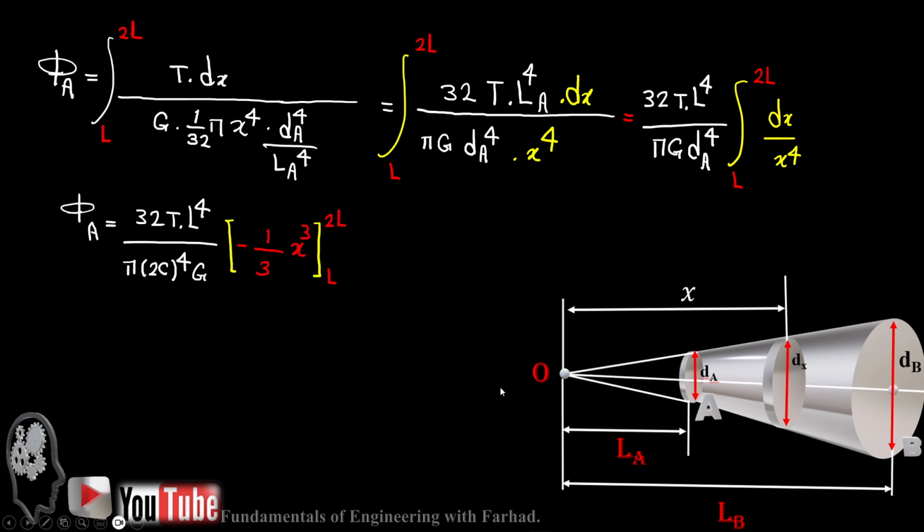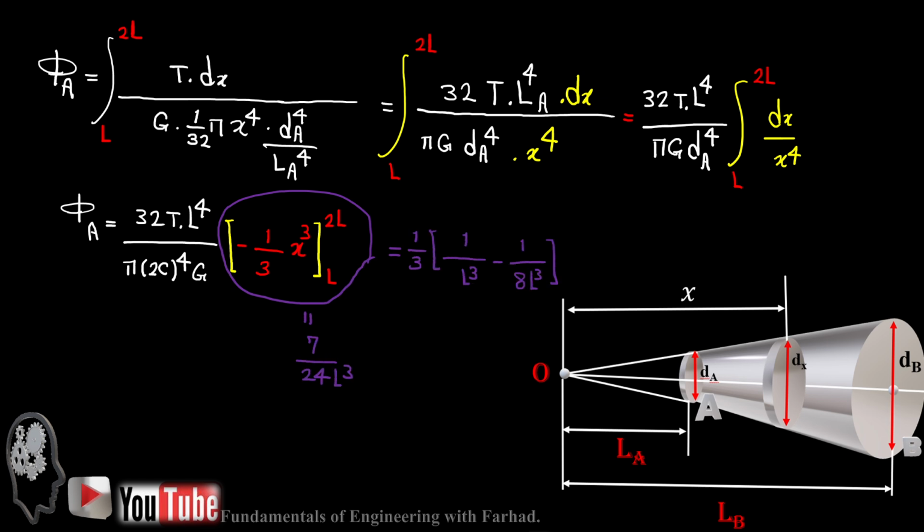Then if you replace it and do the integration, dx over x to the 4th gives negative 1/3 of x cubed from L to 2L. If you do the math and the simplification, it just gives you 7 over 24 L cubed.